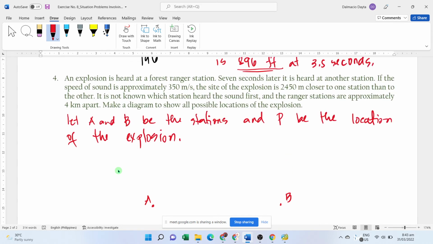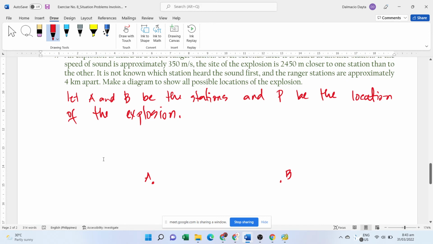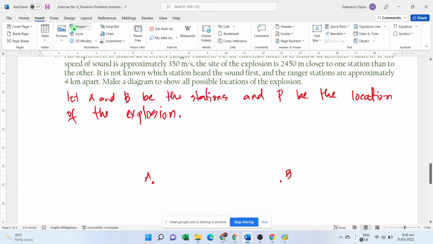The problem says the range stations are approximately 4 kilometers apart. So let us draw an imaginary line containing these 2 points.